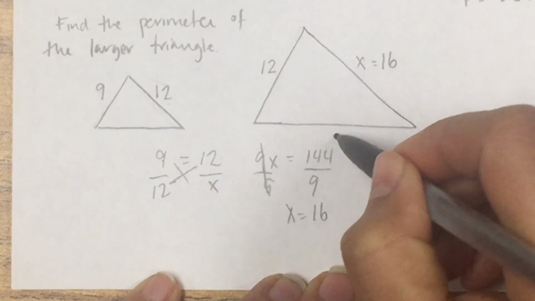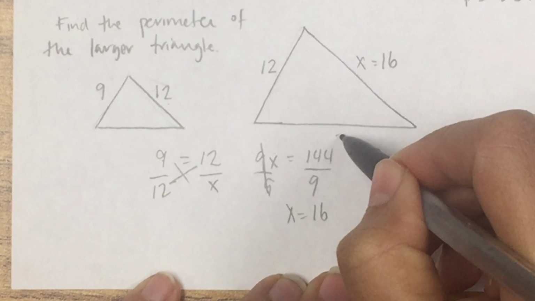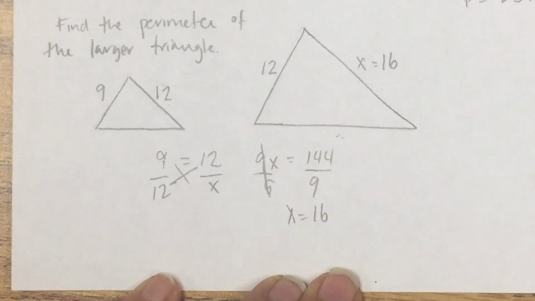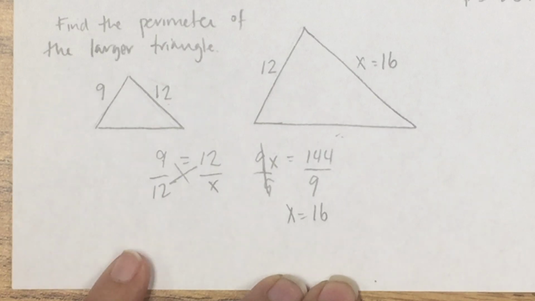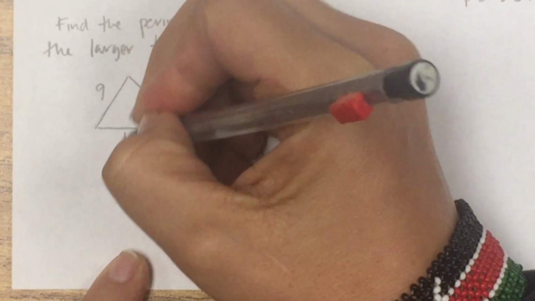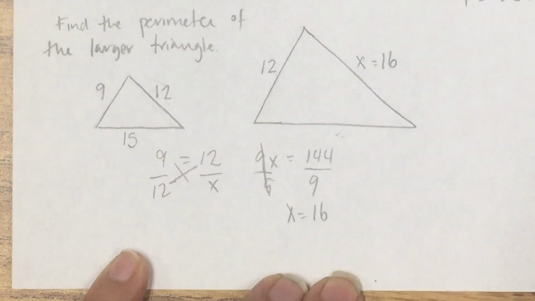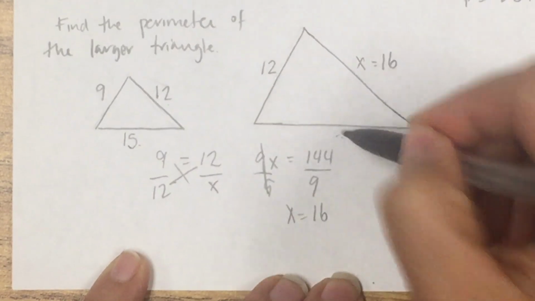So that means I need to find this one here. Okay, they just forgot to give me one number. So that's 16, and then this goes with this.